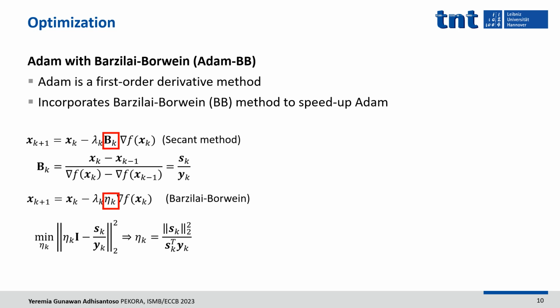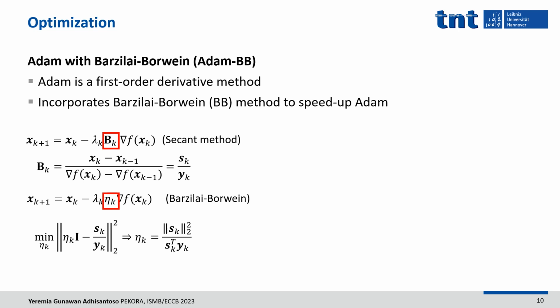But with Barzilai-Borwein, we don't approximate it as a matrix, but instead as a single constant. Of course, a single constant cannot approximate one full matrix, and therefore we have a residual. And then in order to minimize it, we compute the squared error.